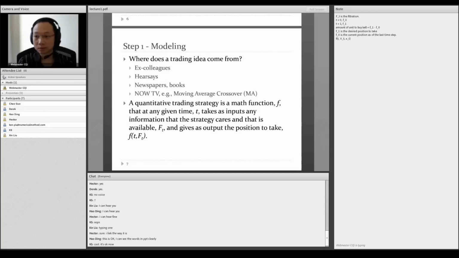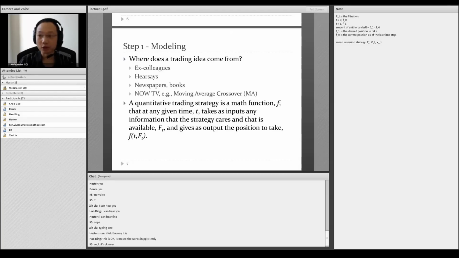So this is a mean reversion strategy. It takes the current time. t is the current time, x_t is the price of the mean-reverting asset, and v_t is your current position.